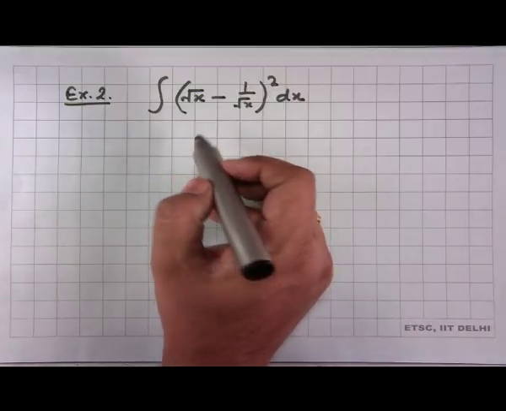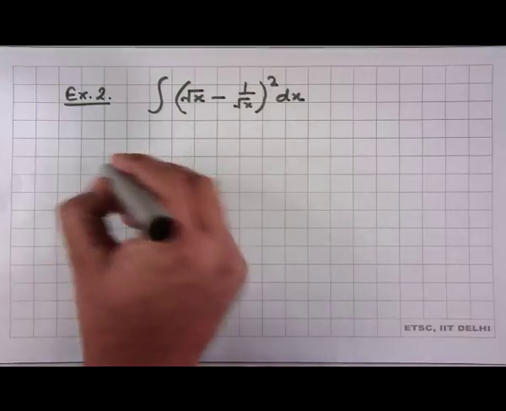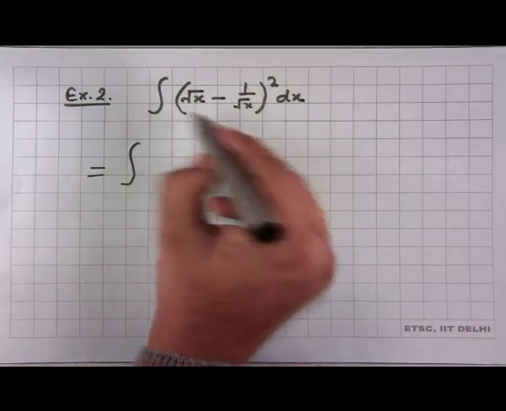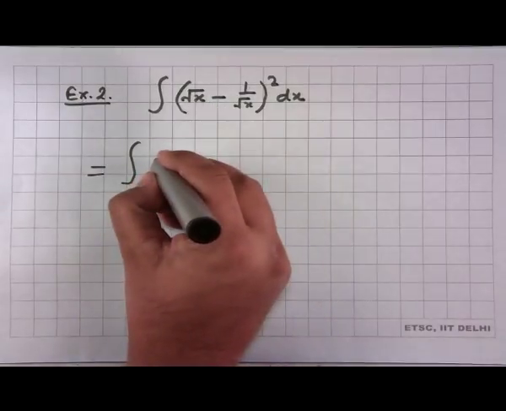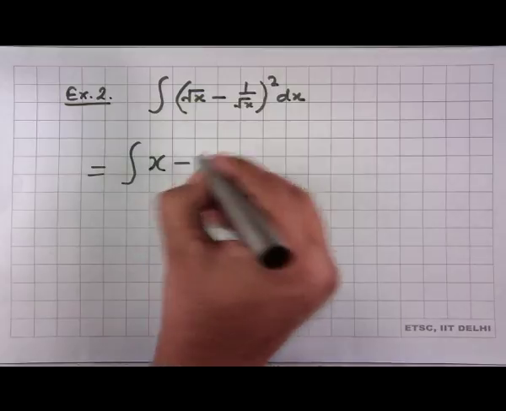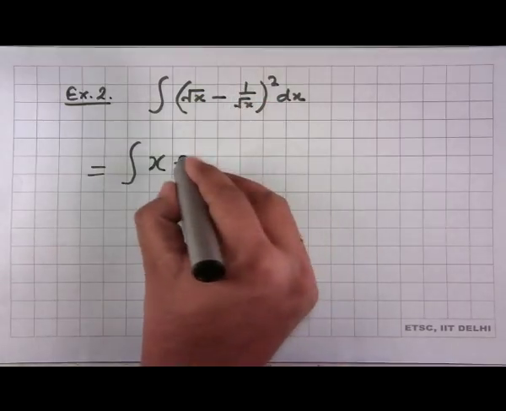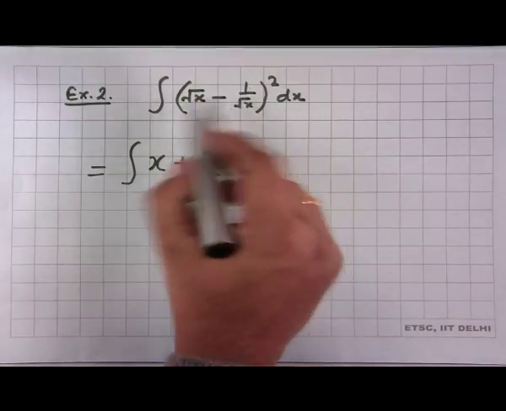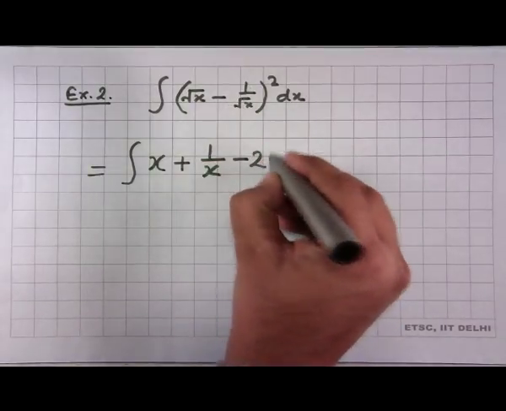We may have to do some simplification. For example, here if we expand the square, what we will get is that square root of x squared means x, plus 1 by square root x squared means 1 by x, minus 2 times the product, that is 2.